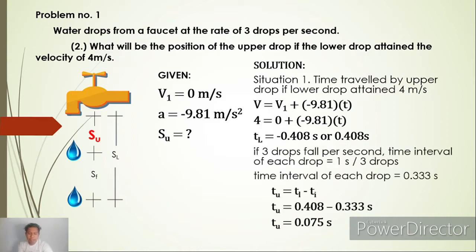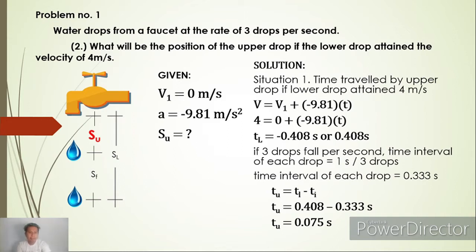Then, if 3 drops fall per second, time interval of each drop is 1 second over 3 drops. So, time interval of each drop is equals to 0.333 seconds. So, yung bawat drop daw ay nahuhulog siya every 0.333 seconds.